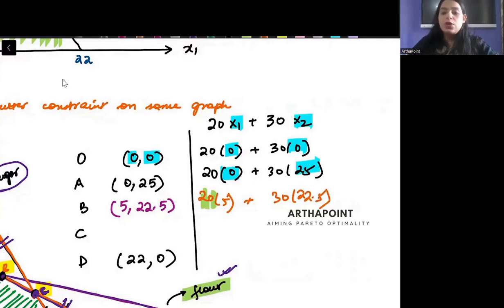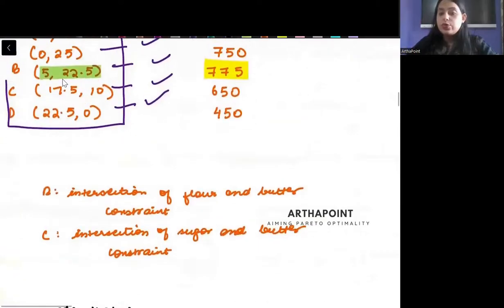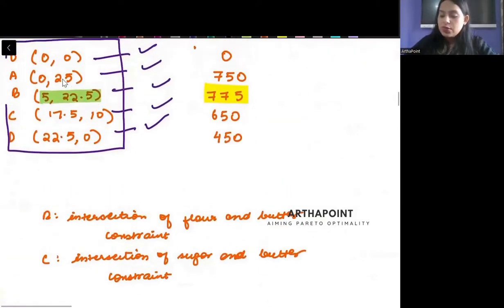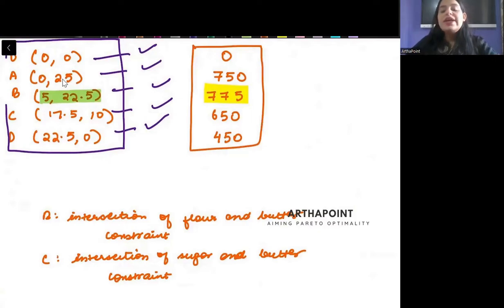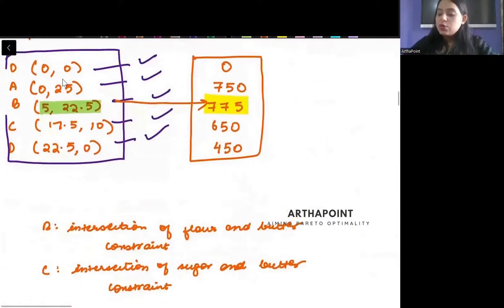When you keep plugging these values, you will get these values. And you will see that the maximum value that you get is at point B. At point B, you will see that you are able to get the maximum value of the objective function. And that maximum value is coming as 775.